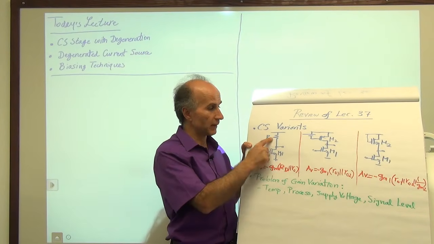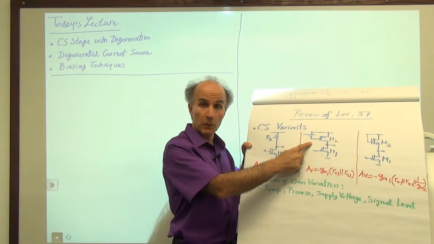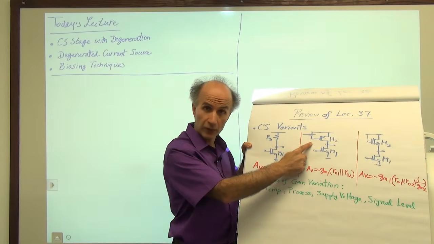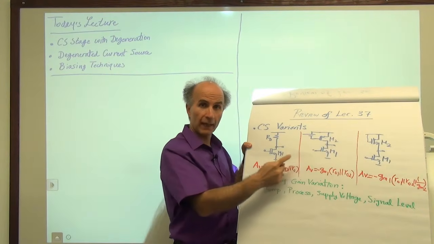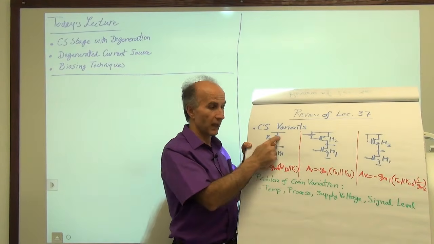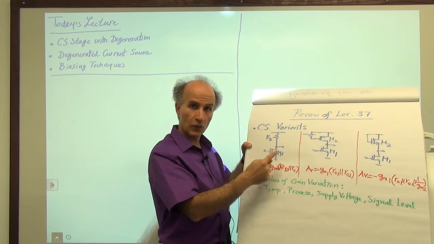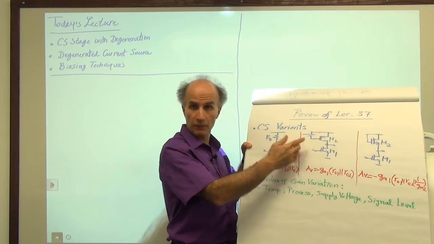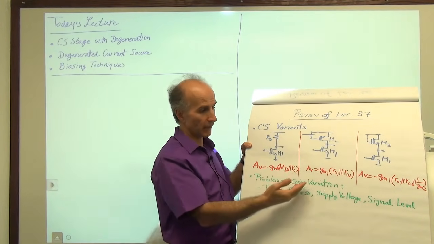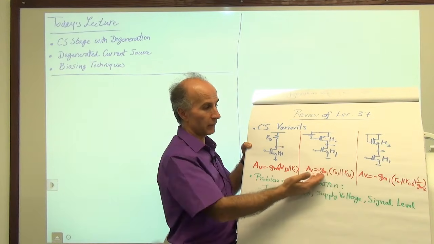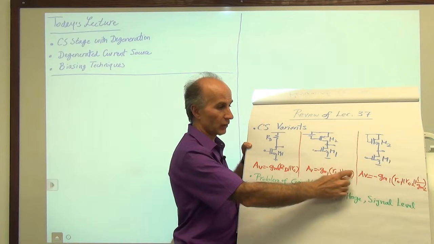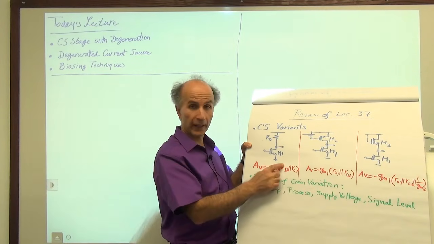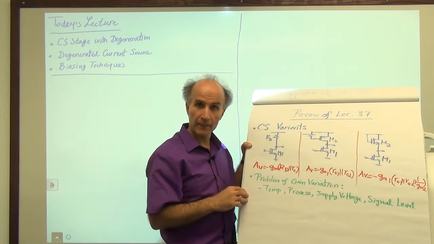And we can replace the resistor with something else, maybe with a current source, because we are hoping to have a higher voltage gain, meaning that we're hoping this current source will have a higher impedance than this resistor. So we analyzed the current source, for example, a PMOS current source, and we saw that overall the voltage gain will be like this, and our hope is that RO2 is greater than RD. And many times that is possible.